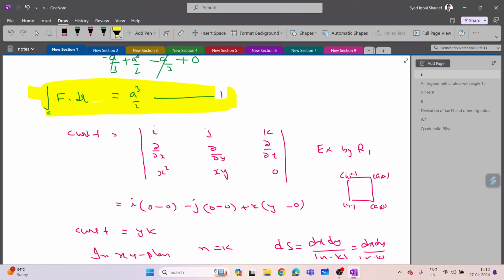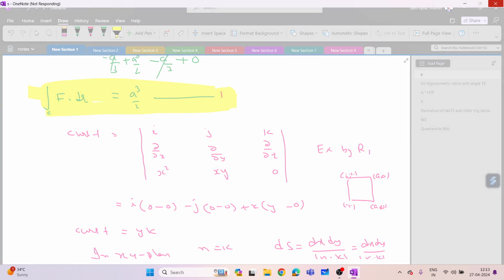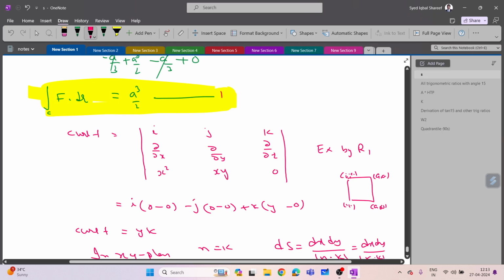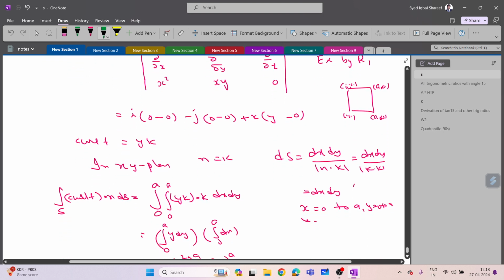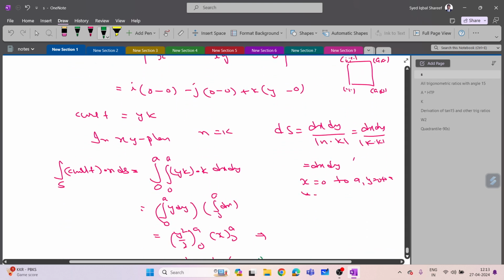I have underlined this one. From 1 and 2, Stokes' theorem is very important. Number 1 is a cube by 2. Number 2 is also a cube by 2.